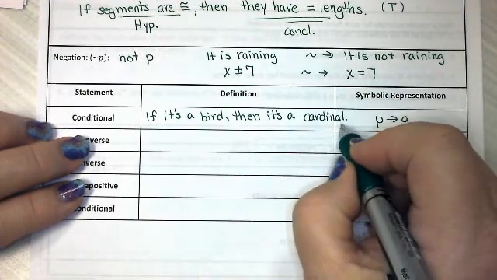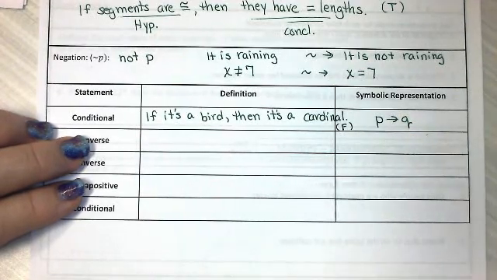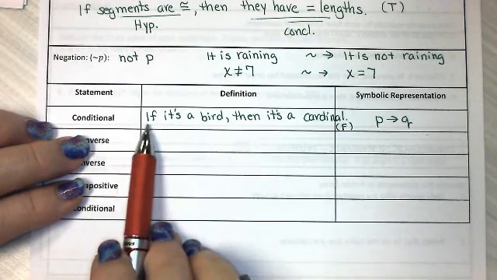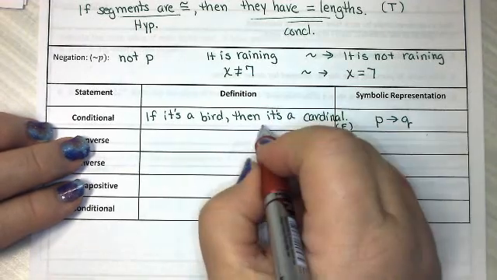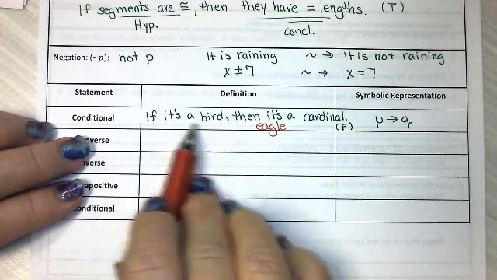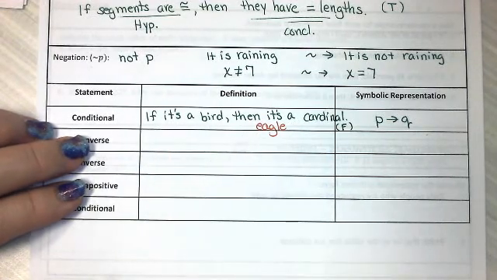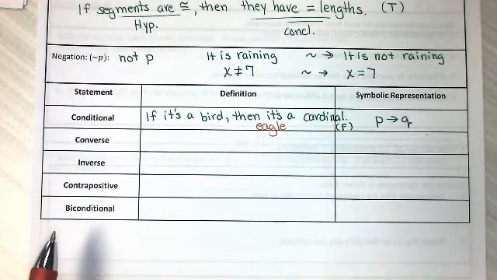So if a statement is false, then we're able to give a counterexample. Your counterexample to this one might be, give me something that's a bird, but not a cardinal. So my counterexample would be eagle. Eagle's a bird, but it's not a cardinal. You could list any number of birds that aren't cardinals.